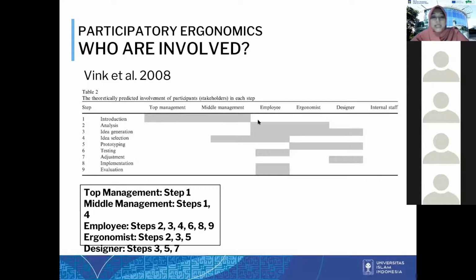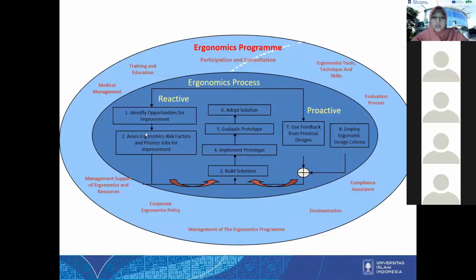And then for the analysis, for the employee, ergonomics, designer, and idea generation is employee, ergonomics, and designer, and so on. So every stakeholder has their roles or involvement in this discussion.